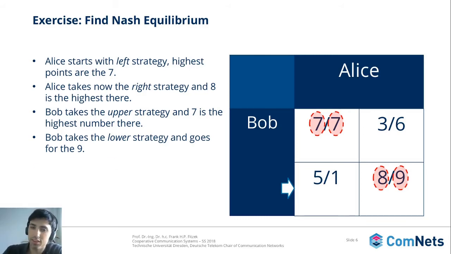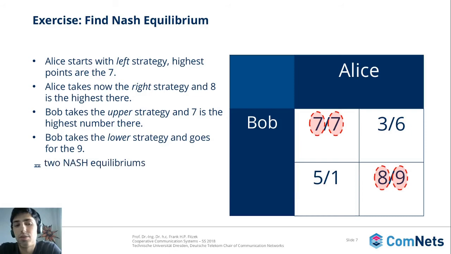Good. So we can see here there are 2 Nash equilibriums, because none of them will want to change when they reach these 2 equilibriums, because it's not worth it, they will win fewer points. If we, for example, go to Alice, she chooses the left strategy and she's getting 7 points, and if she wants to swap to the right strategy, she will get 3 points, which is less.